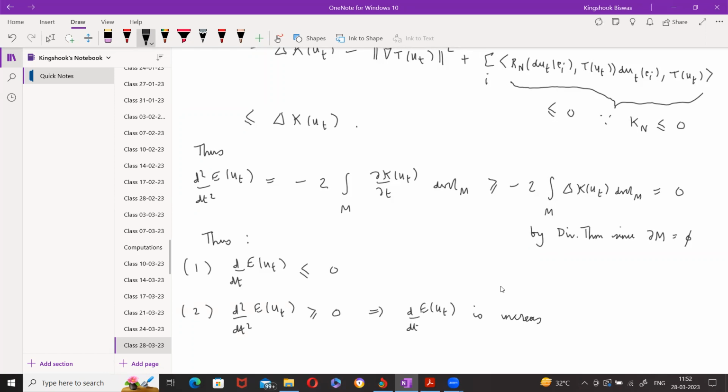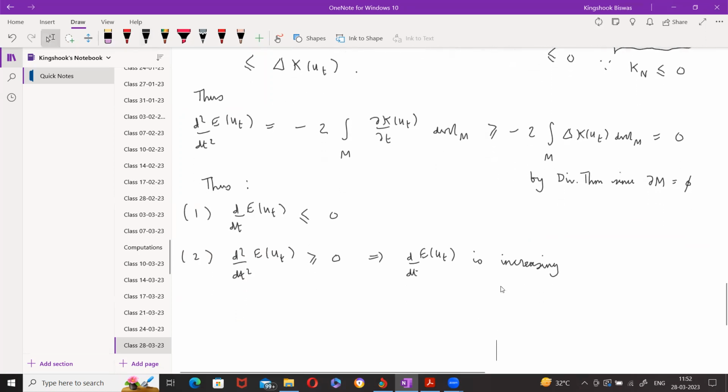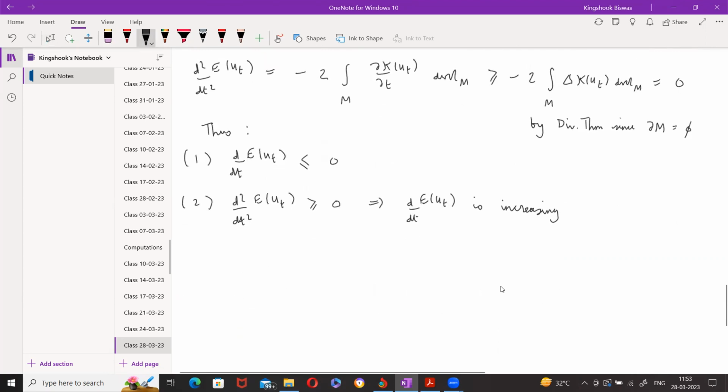So the first derivative of the energy is increasing and bounded above by 0.